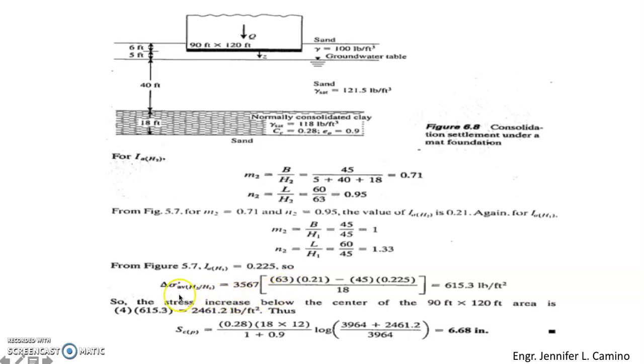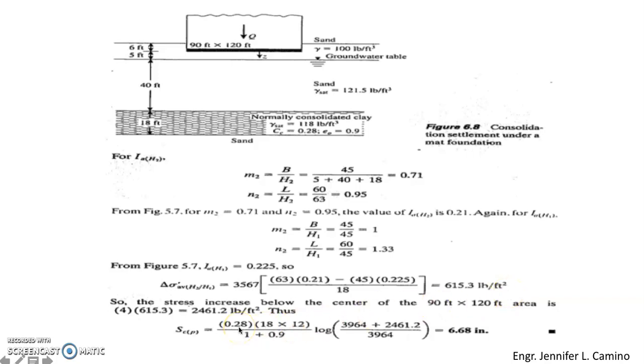So therefore, if we substitute to compute the average net stress below the center of the rectangular area, you simply have to substitute the values, and now we obtain 615.3 pounds per square foot.